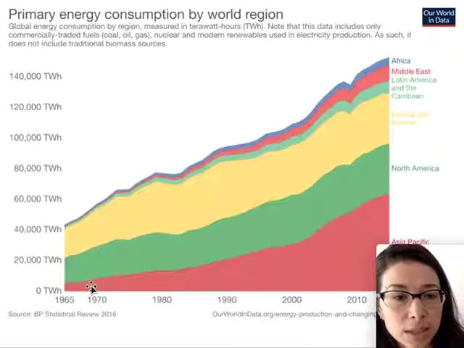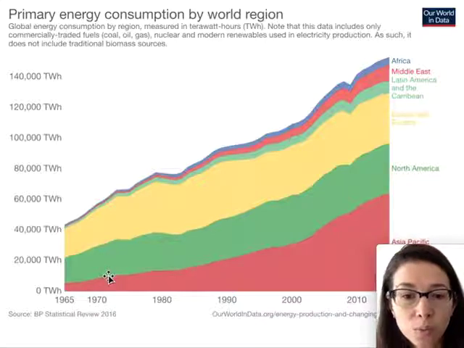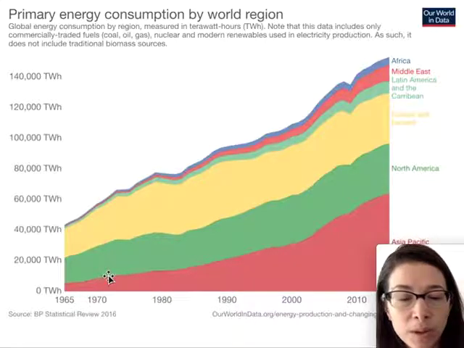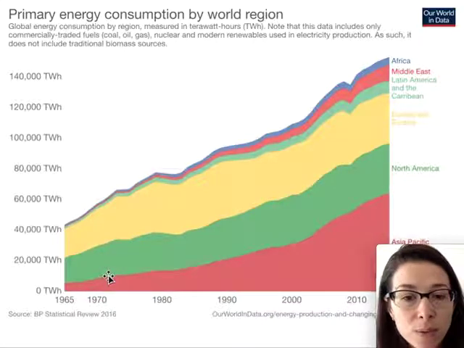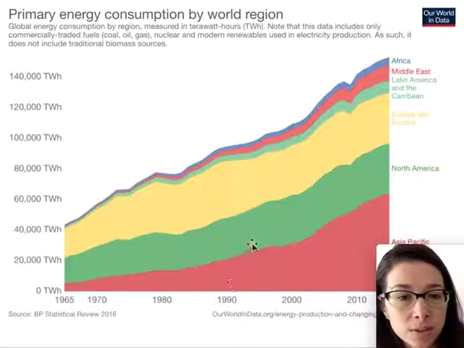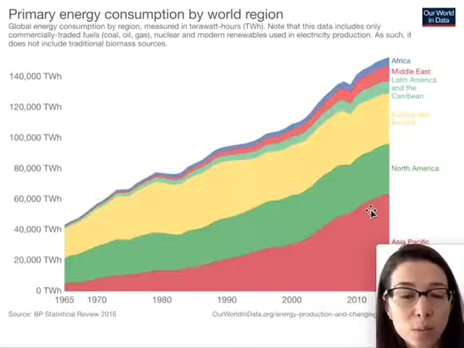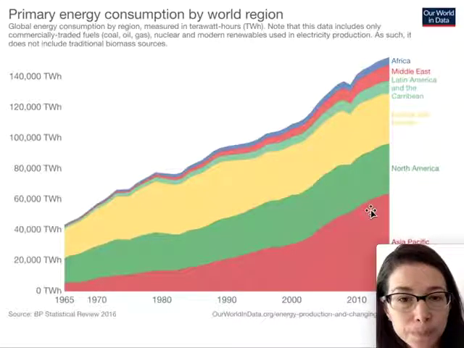Here we see that initially the consumption was quite low, but as that area developed and people had more and more access to electricity and the infrastructure was built for people to access electricity, their use became more and more widespread. So we see this bar becoming wider as more and more people have access to energy.